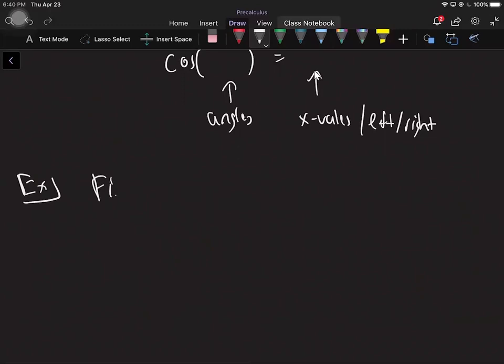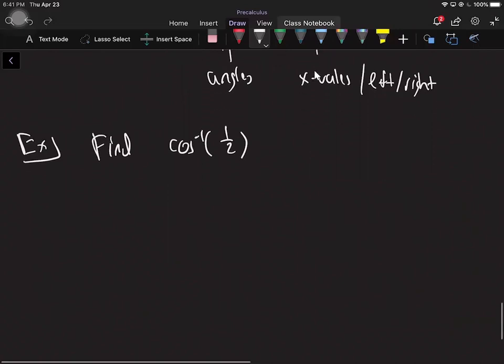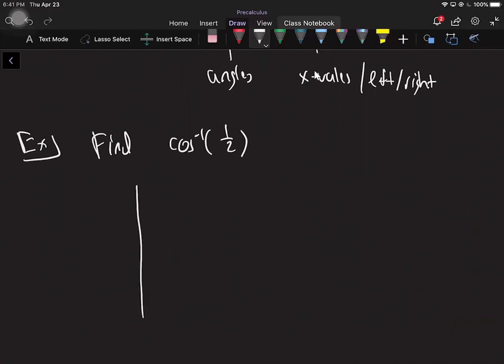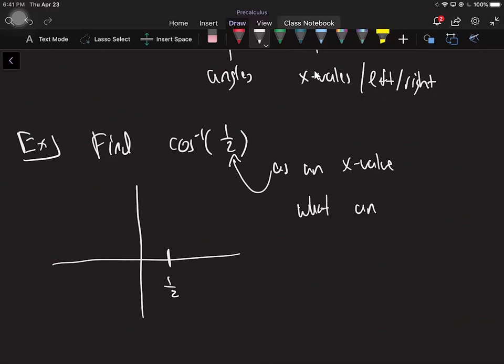So let's say find cosine inverse of a half. So now what we're doing is we're looking at the x value. We're thinking of 1/2 as an x value. So about a half is maybe right there. So now we're looking at what angle gives us 1/2 for the x value.